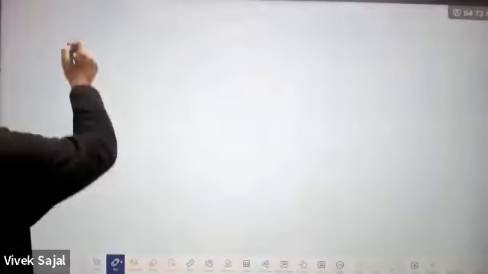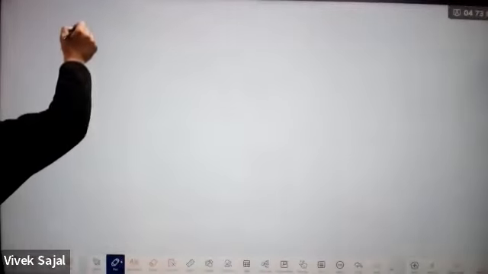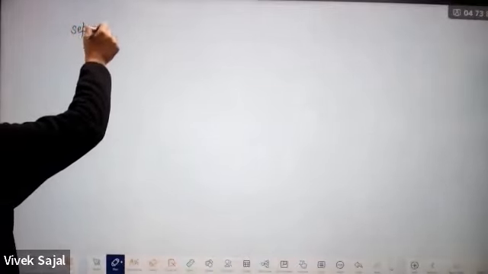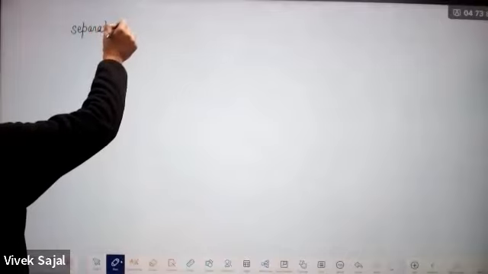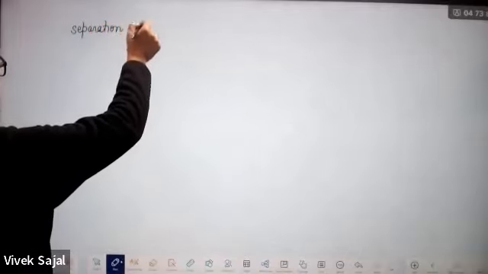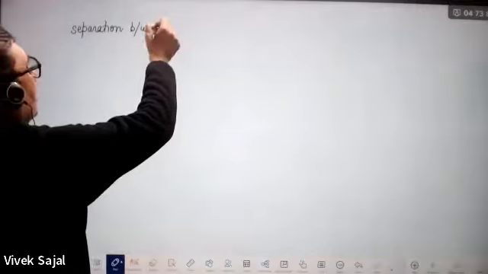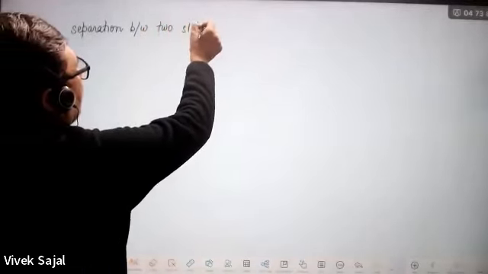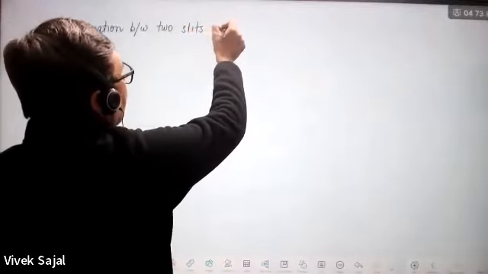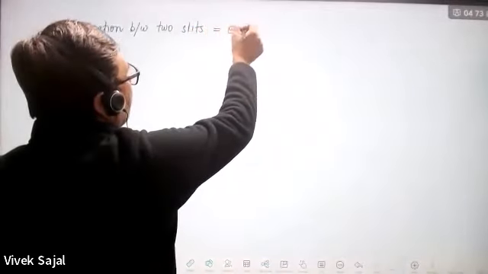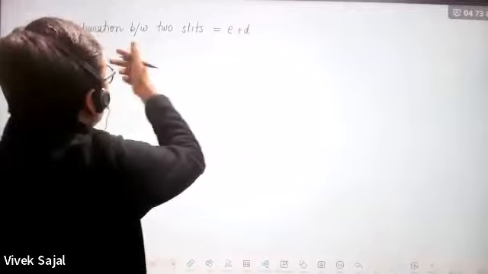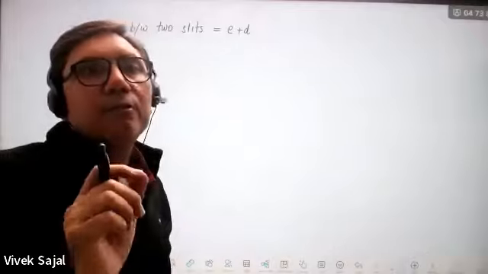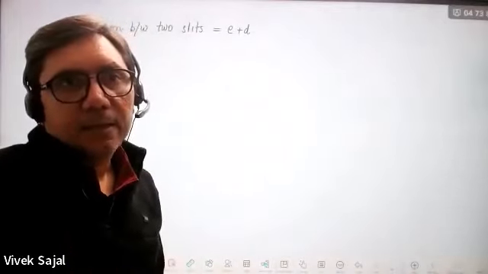If someone is providing you the separation between two slits, it means he is saying E plus D. If he is providing you some value of separation between two slits, it means he is providing you the value of E plus D. ठीक है?